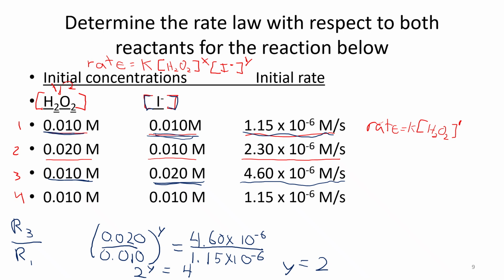Now I'm going to switch back to my original color here for my rate law. I'm going to draw brackets around that, and I'm going to put a 2 over here. And so now I have determined the rate law based on this experimental data.